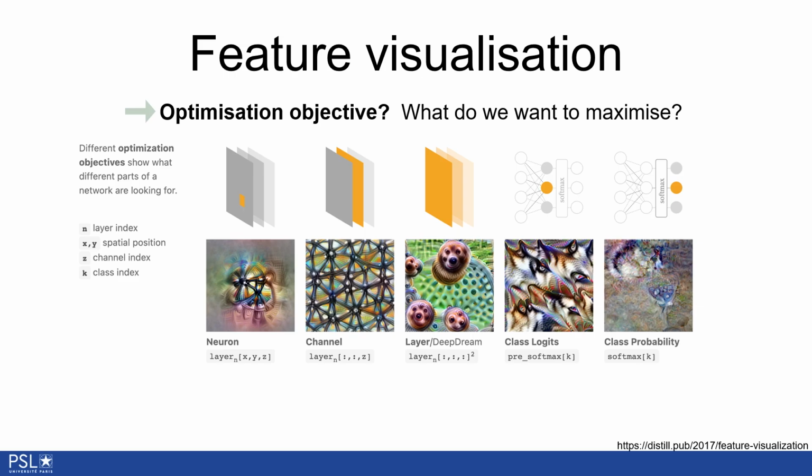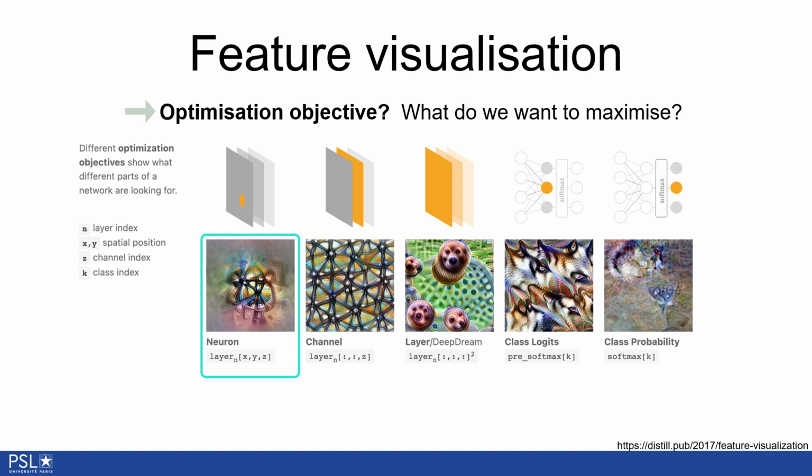This algorithm can be applied to any neuron in the network, but these neurons are organized in layers and channels. So ultimately, we have the choice of which activity we want to optimize. The most straightforward is to optimize the activity of a specific neuron. In convolutional layers, each neuron has access to one spatial piece, one patch of the image, so this will generate images within the patch corresponding to the neuron we are looking at.